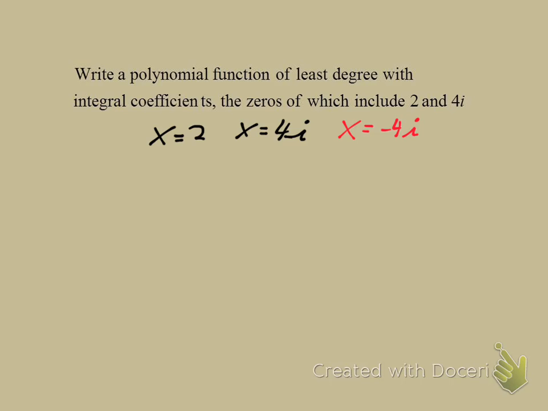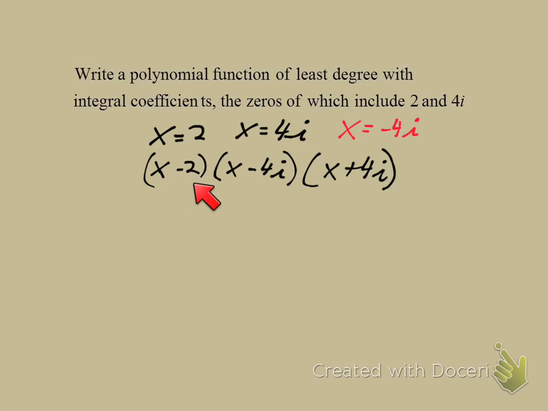Your next step, still the same. Move them to the other side. So x minus 2. X minus 4i. X plus 4i. Okay. The reason why on the last one I left this binomial alone first is because of this.